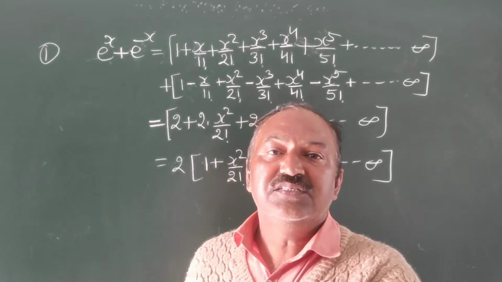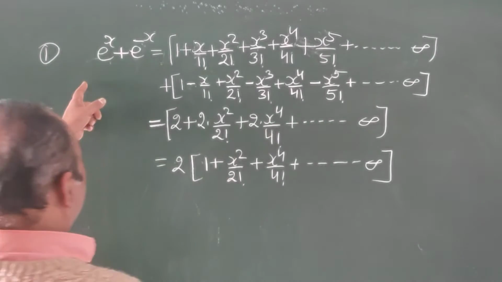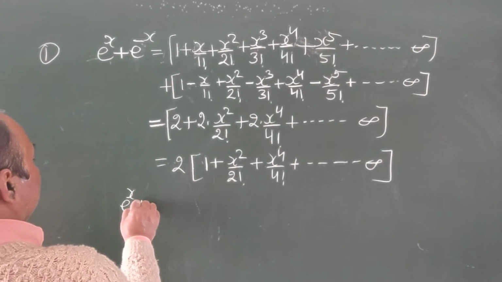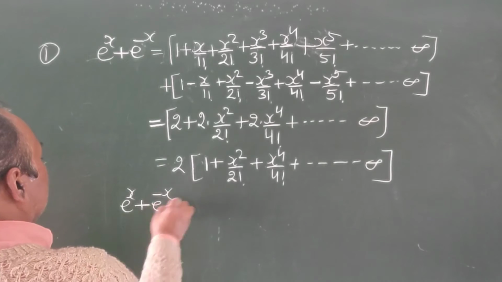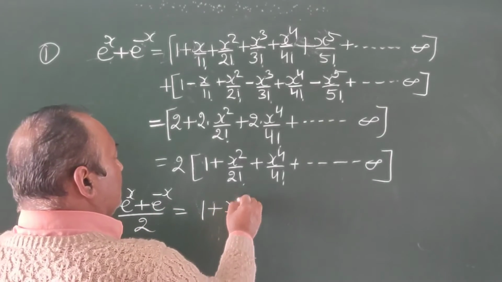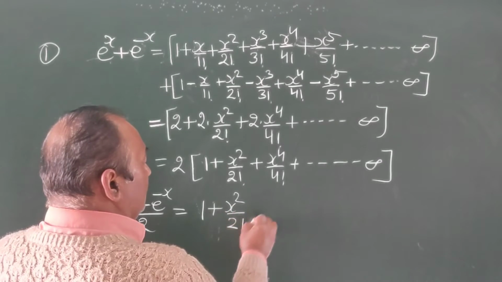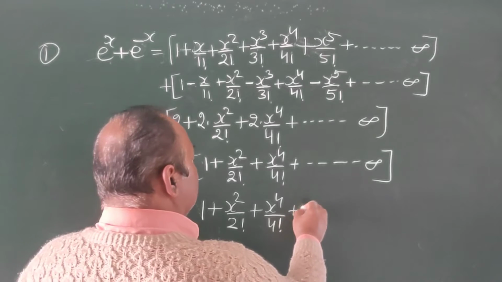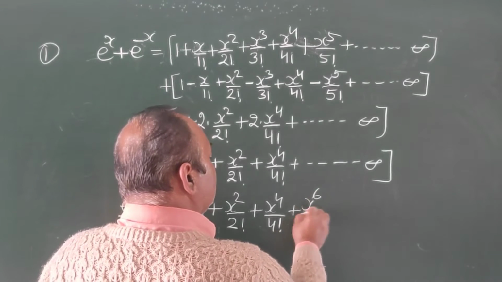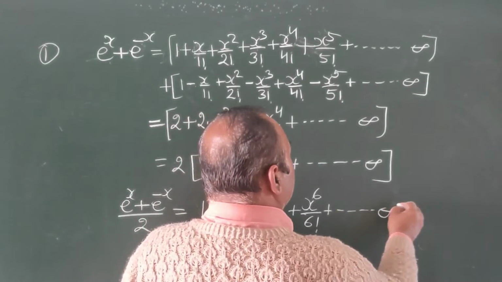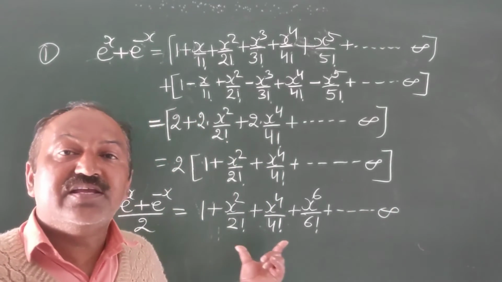So from these we can find an important result, that is e raised to power x plus e raised to power minus x upon 2 is equal to 1 plus x raised to power 2 upon 2 factorial plus x raised to power 4 upon 4 factorial plus next term will be x raised to power 6 upon 6 factorial plus dot dot dot up to infinity, and it is also an infinite series.